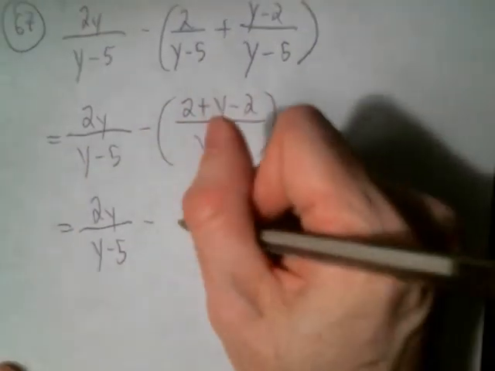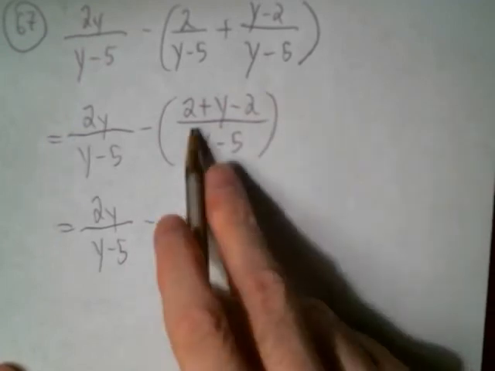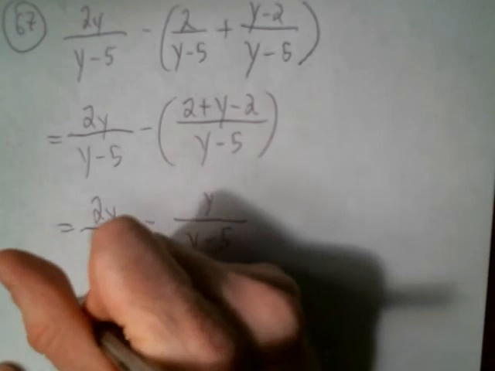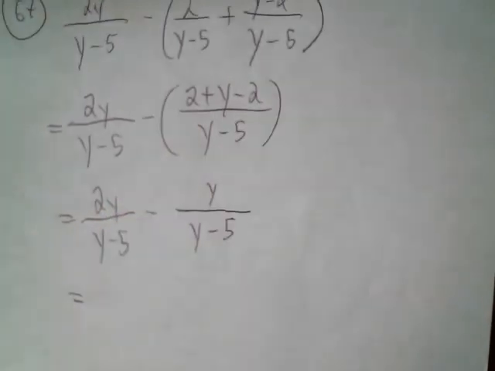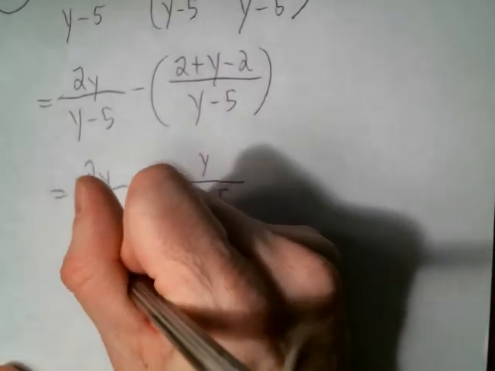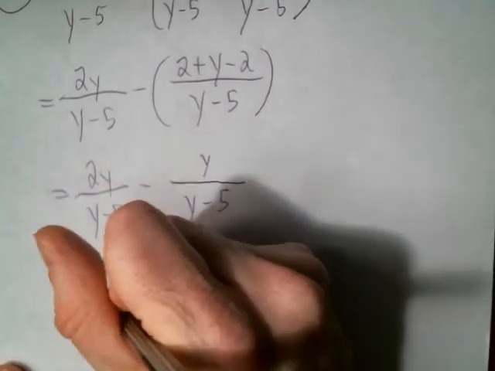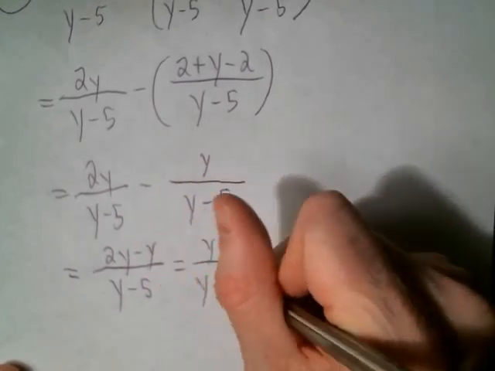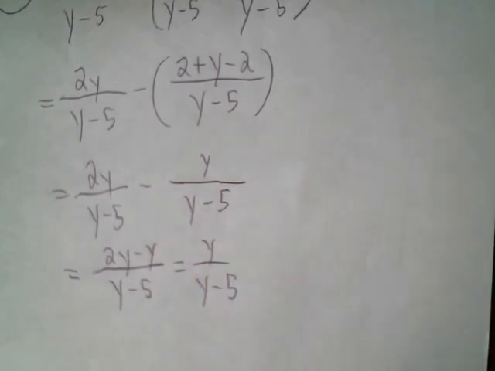Okay. And so our new numerator, 2 minus 2 is 0. We just have y over y minus 5. Then subtract the numerators over the common denominator. And that's it. Okay, see you next time.